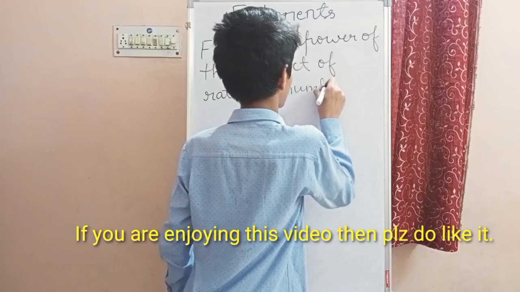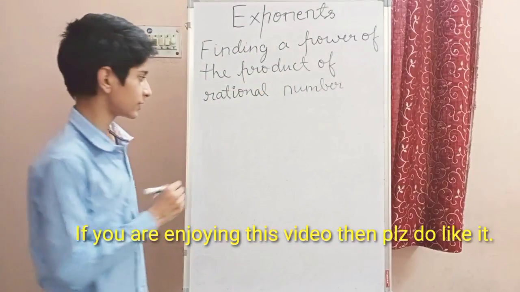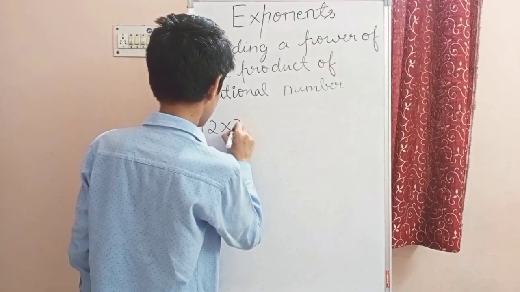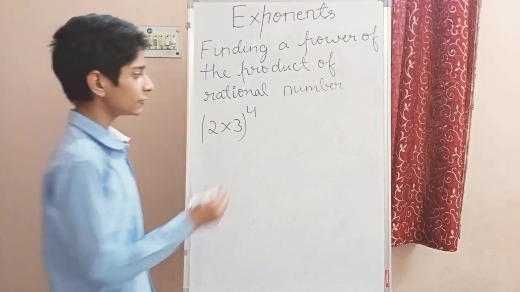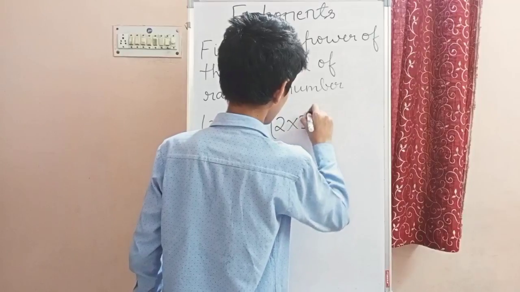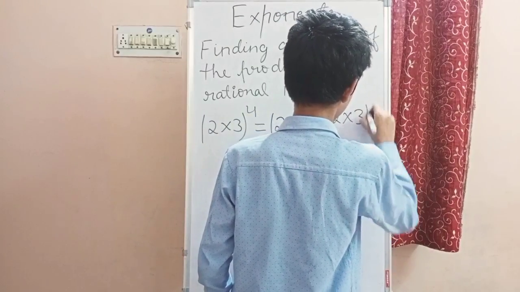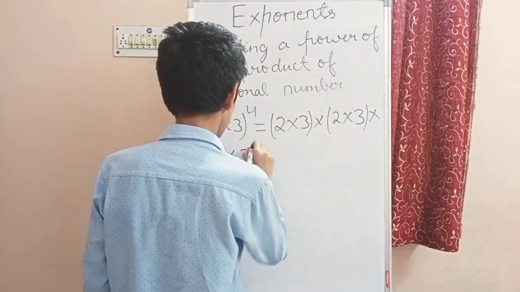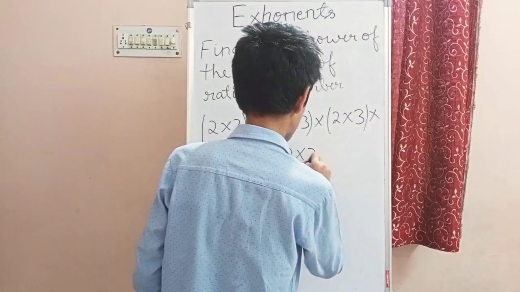Now, finding a power of the product of rational numbers. Like this is the question: 2 into 3 raised to the power 4. How will we do? We can do it like this: 2 into 3, again 2 into 3, and again 2 into 3, and then again 2 into 3.